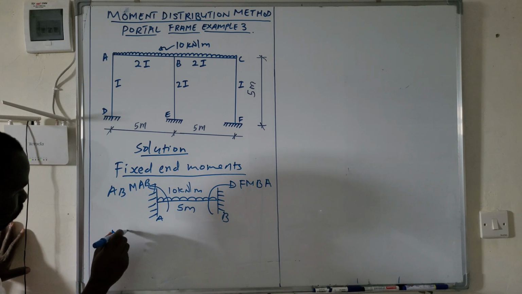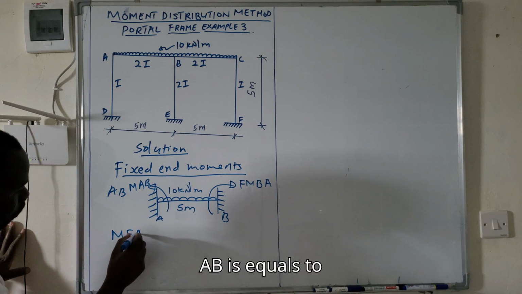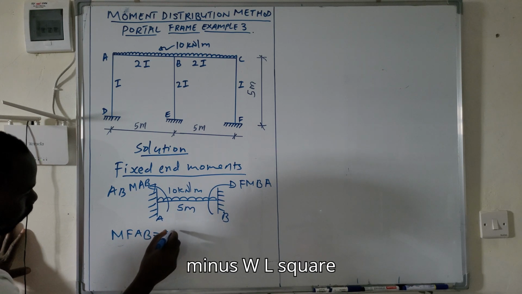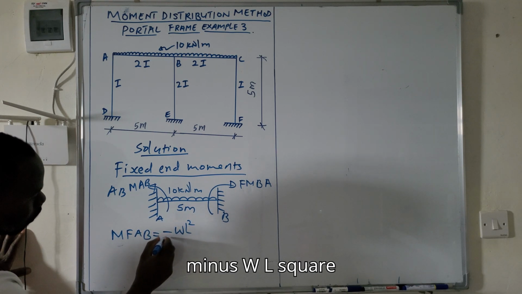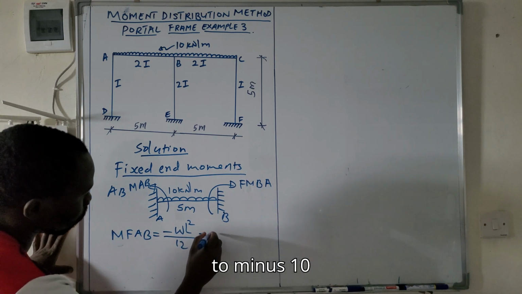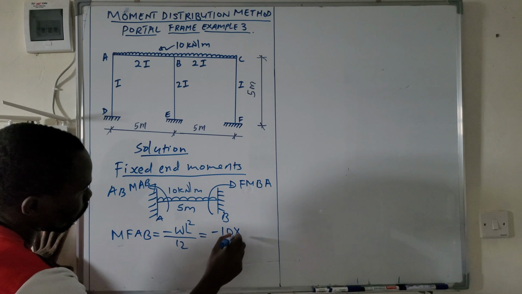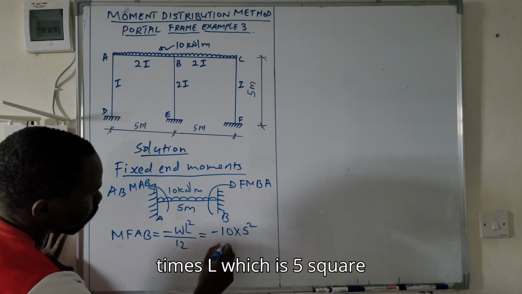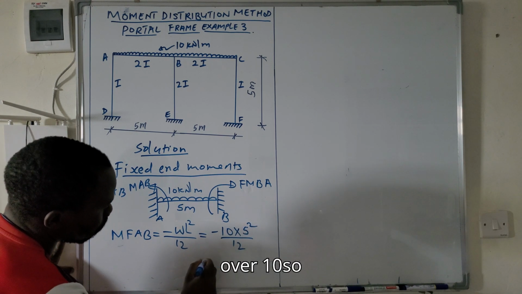So MFAB is equal to minus WL squared over 12. So this is equal to minus 10 times L, which is 5, squared over 12.